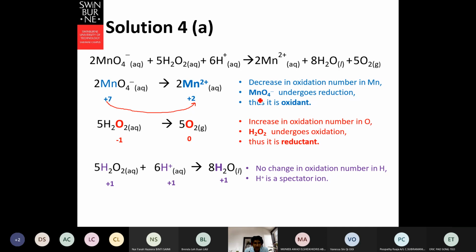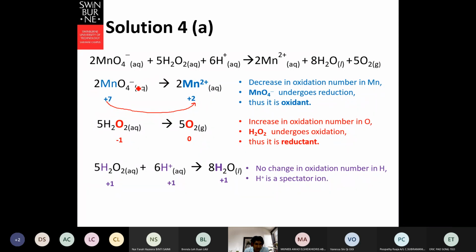So it undergoes a reduction, reducing from a higher to a lower number. That is why it is an oxidant: it is causing others to be oxidized.